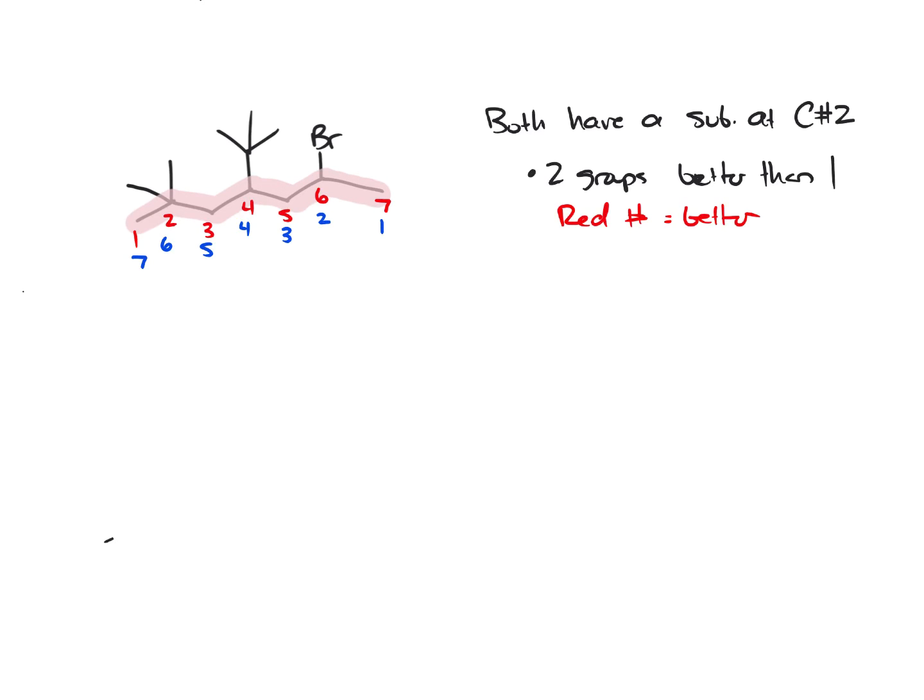So if you just had 1 like this, in both cases you would get a tie. Your second substituent falls on carbon 4 in each.